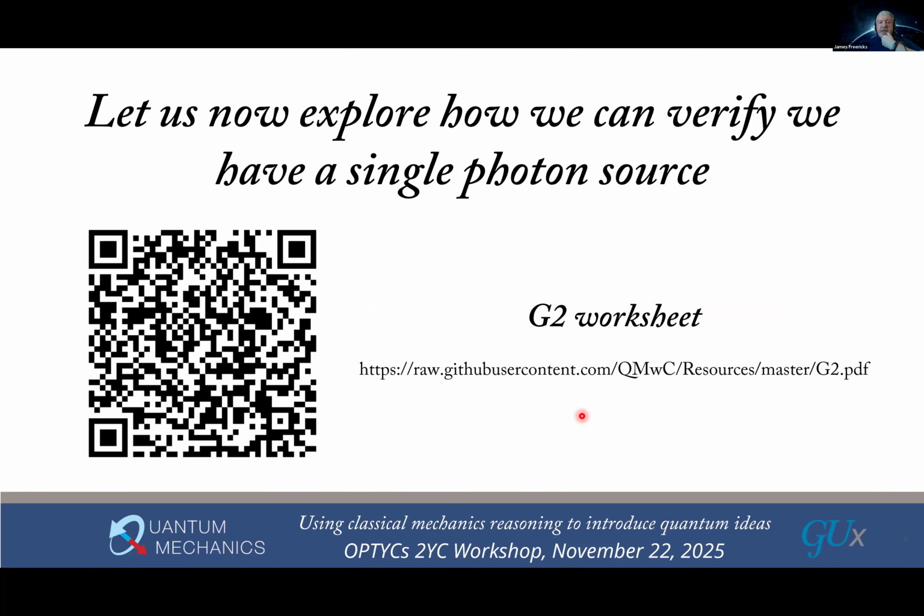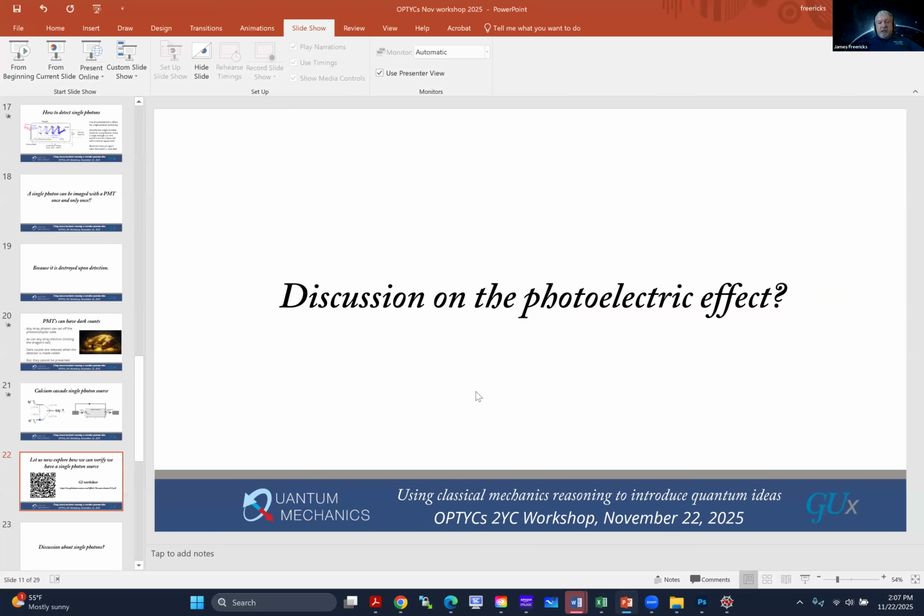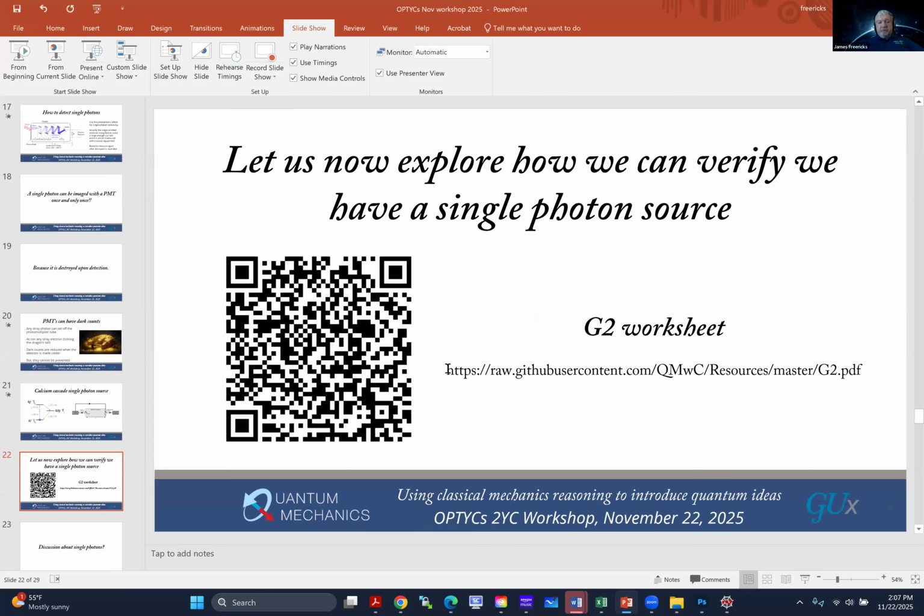So we now have a second worksheet, and I will keep this up. I will go from full screen to a smaller screen, and I will put this in the chat. We have a second worksheet now on what's called the G2 experiment.